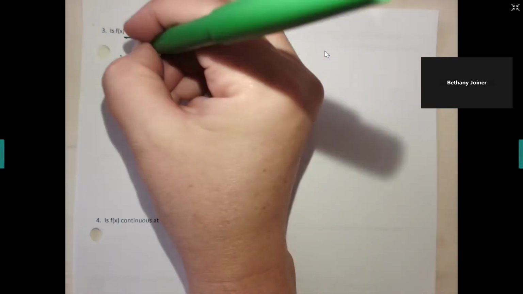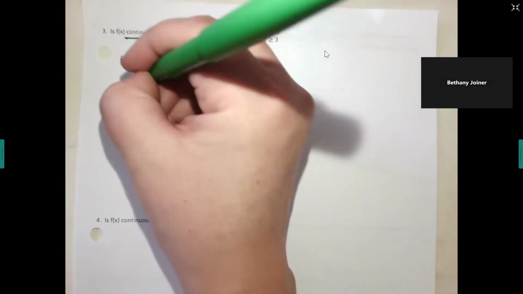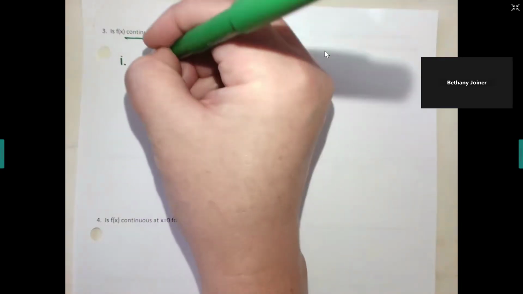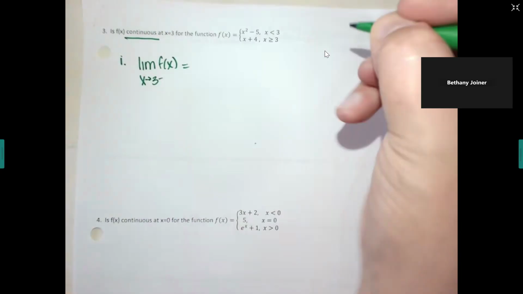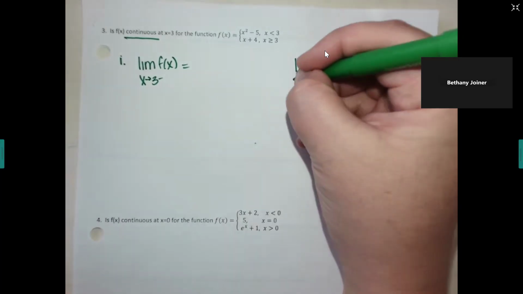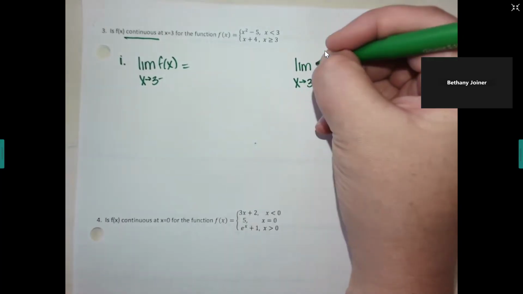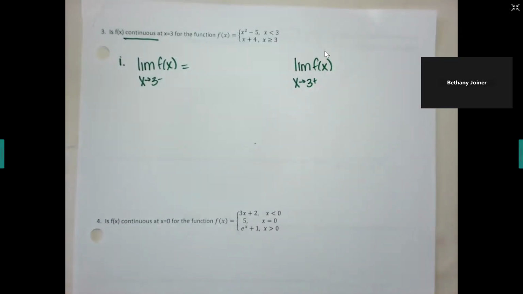Very good, or equal. So I'm going to put limit, x approaches 3 from the left, then limit, x approaches 3 from the right. Now, if you forgot from the homework where we covered this, for a left limit, you're going to use x is less than 3.